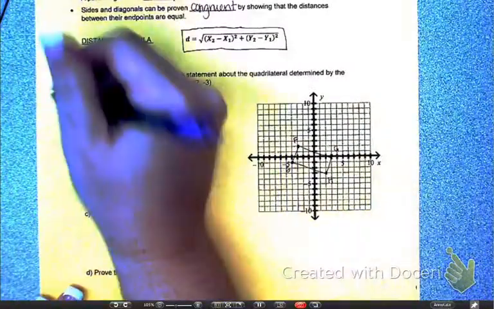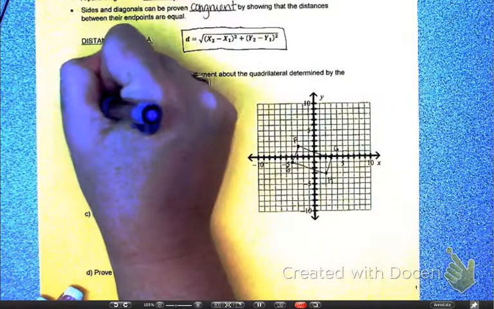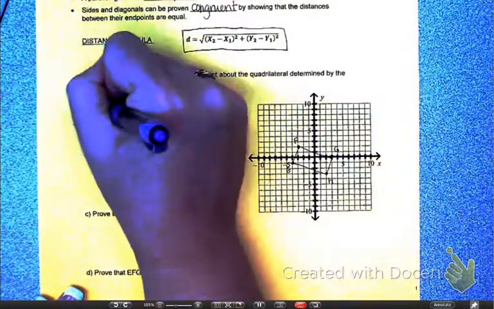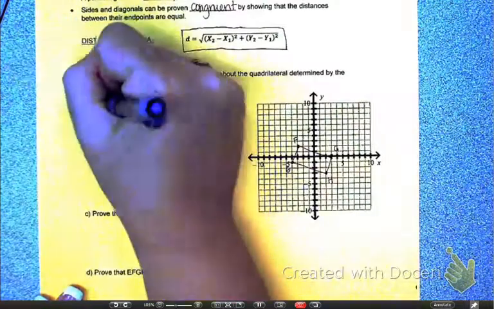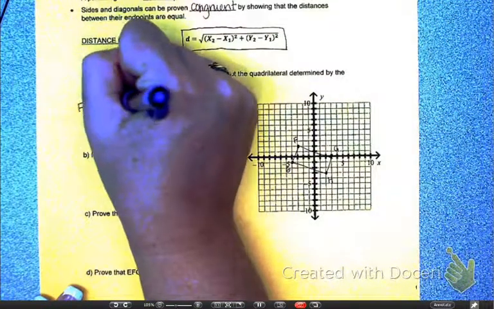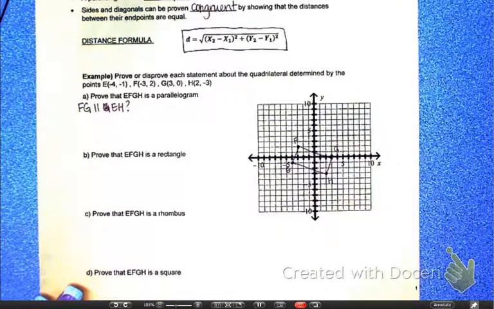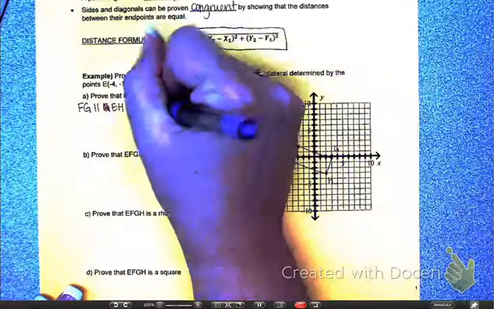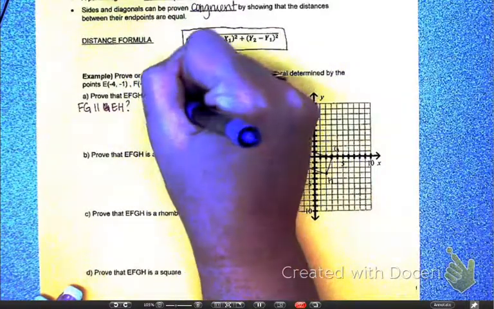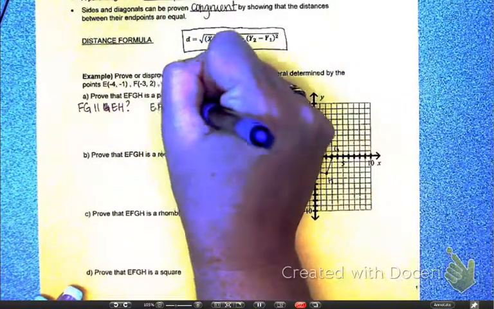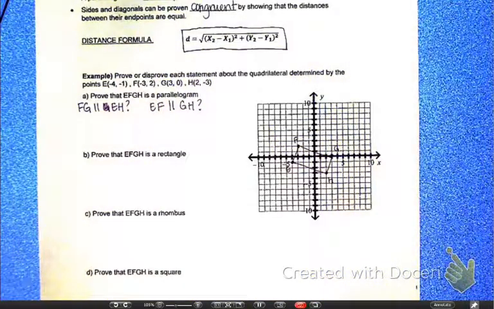So I need to show that FG is parallel to EH, and EF is parallel to GH. Everyone okay with that? Okay, so we're showing both pairs of opposite sides are parallel.